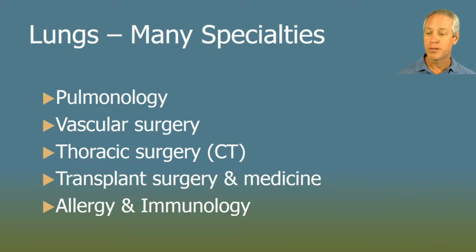So cardiothoracic surgeons commonly will perform lung surgeries. We'll look into some of those. Lung transplants usually involve a transplant surgeon and/or team, and a medical doctor who treats the anti-rejection component of the transplant itself. So you might run across either or both of those.